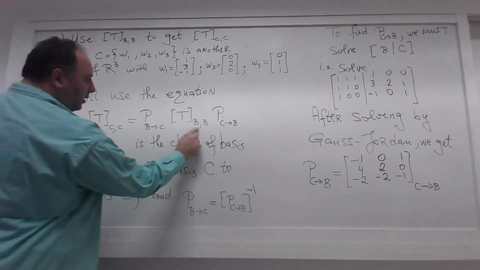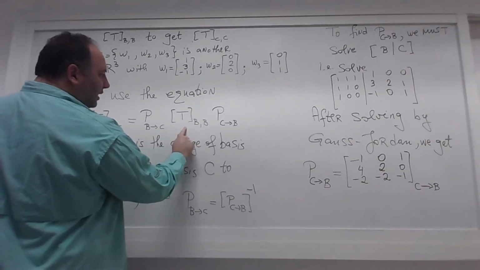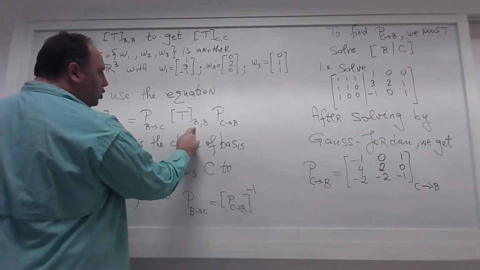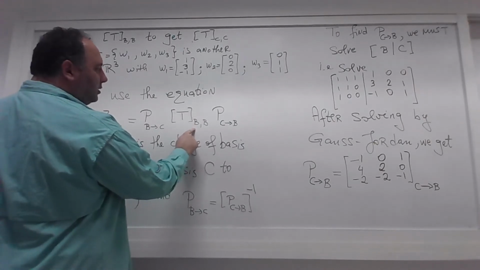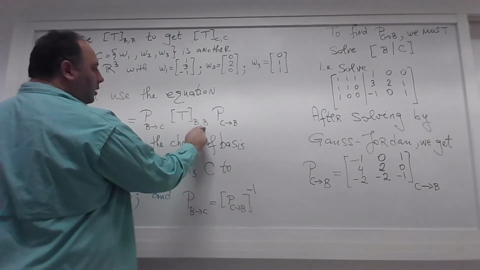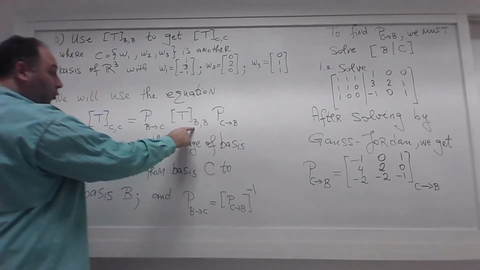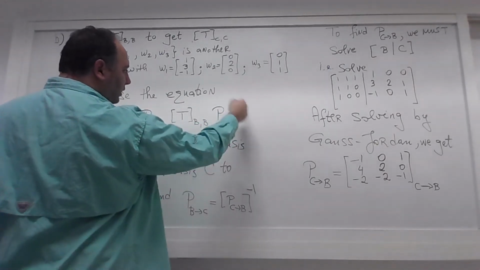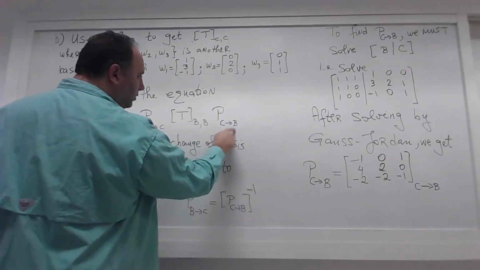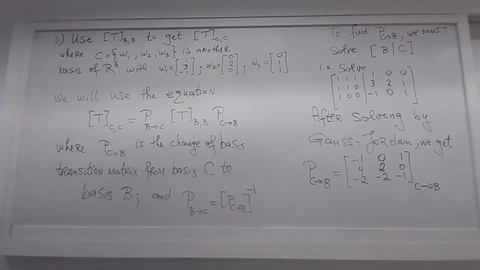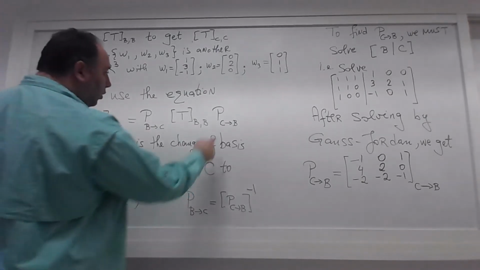We have the representation matrix, TBB. This needs to eat the coordinates in basis B and gives out the coordinates of the image in basis B. So for this matrix to work, we need to convert the coordinates from basis C into basis B using the change of basis transition matrix from basis C to basis B. That's what we saw already.